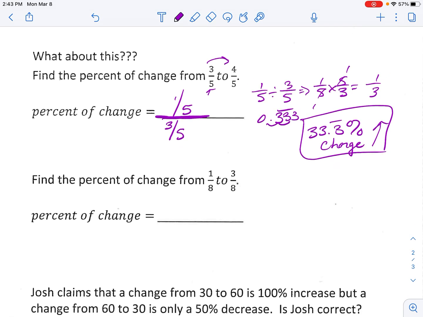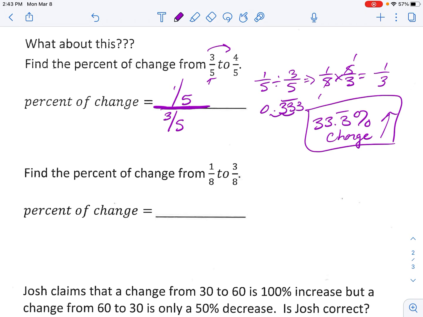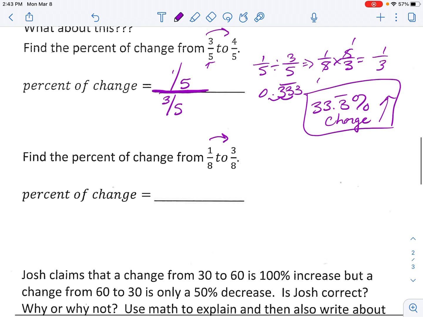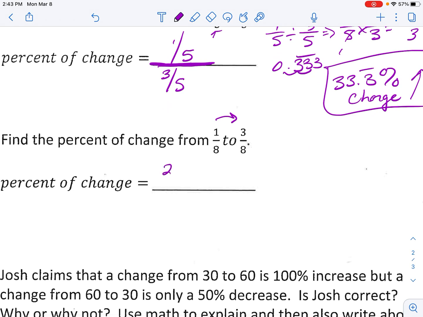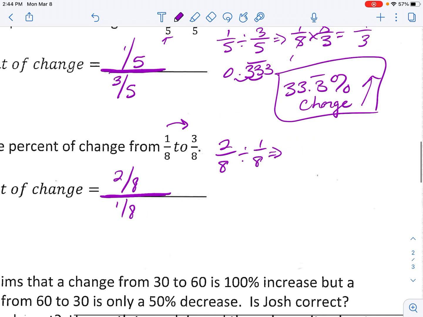Alrighty, let's look at the next one. Find the percent of change. From 1/8 to 3/8, that's a change of 2/8. I would not simplify. Over the original amount is 1/8. Again, think of this as a division bar. So 2/8 divided by 1/8. We don't divide fractions.